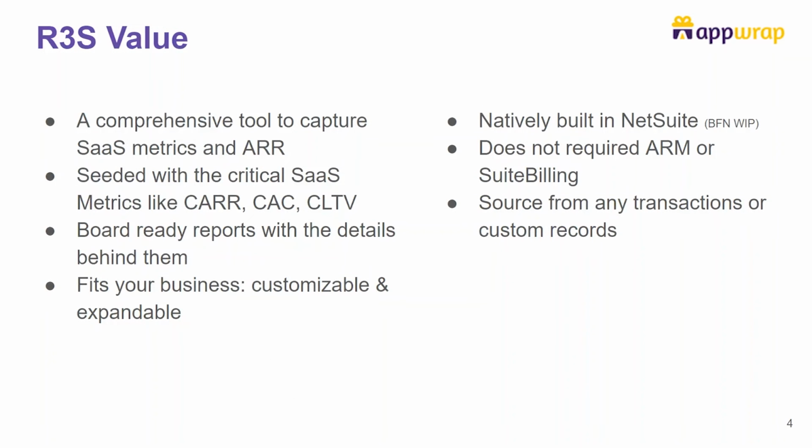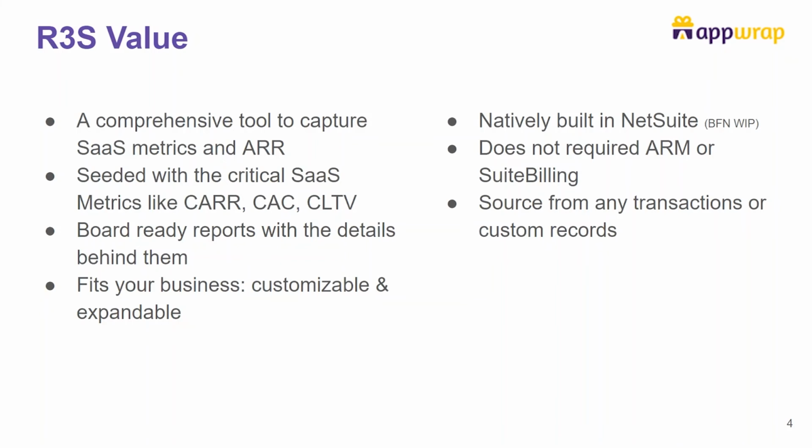To recap, AppWrap's R3S recurring revenue reporting system provides the following value: a comprehensive tool to capture SaaS metrics and ARR, seeded with critical SaaS metrics, board-ready reports. The system fits your business.